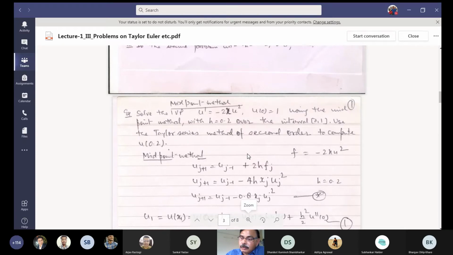Suppose you take h as 0.1 only. So there will be how many subdivisions? 10 subdivisions? Yes, sir. Okay. So it means you have taken the finite subdivision.